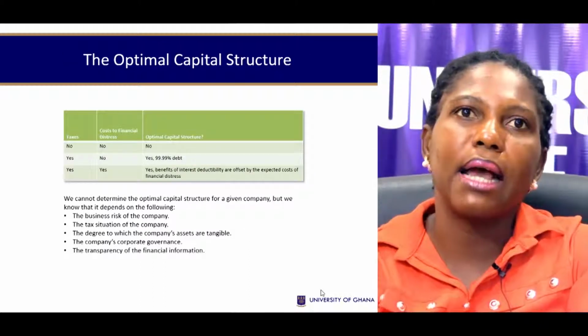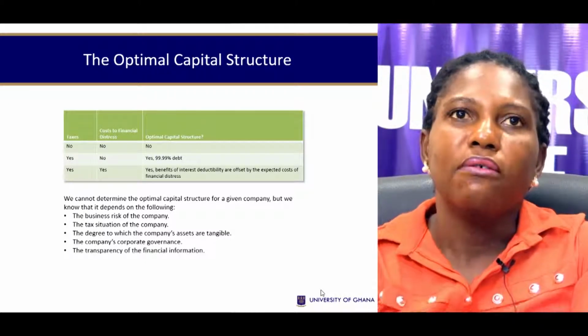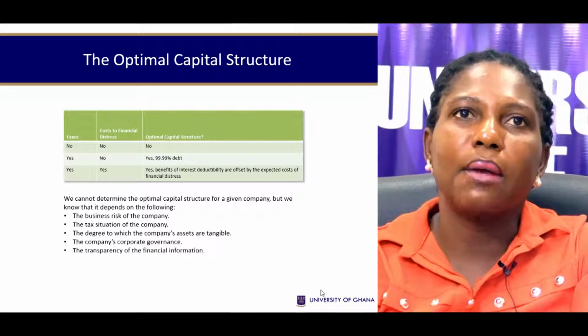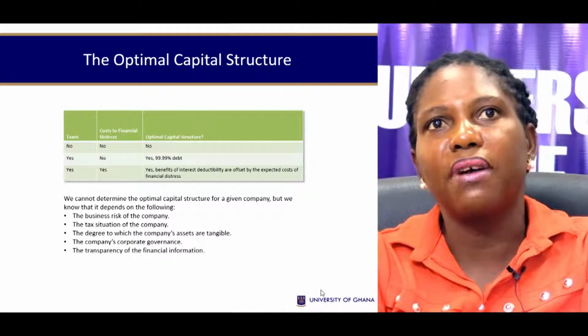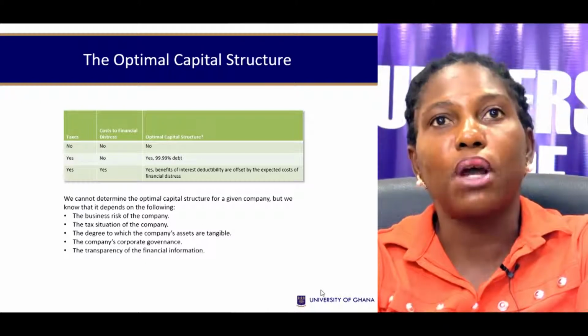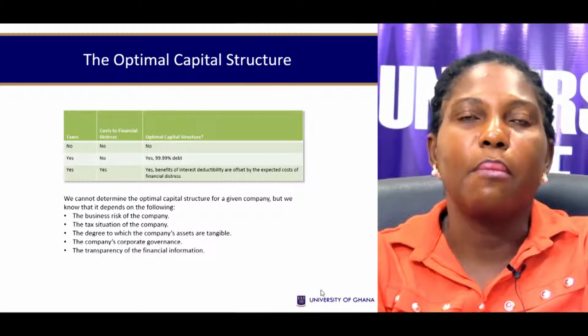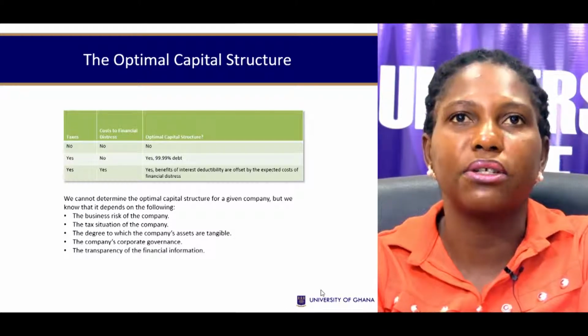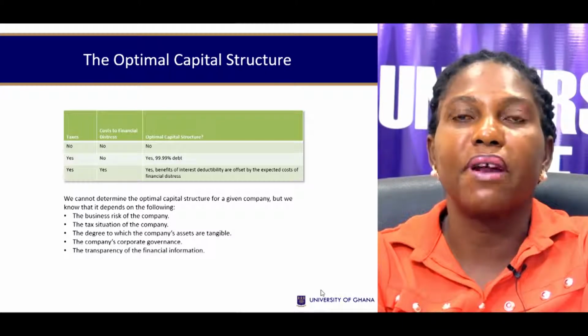So now we begin to look at the possibility of having an optimal capital structure. For the assumptions that believe no taxes and no cost of financial distress, there is no optimal capital structure. But where there are taxes but still no cost of financial distress, firms can employ debt up to the very limit.